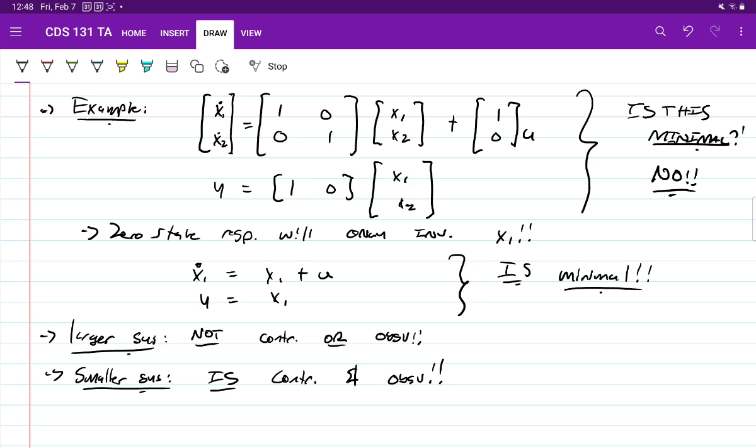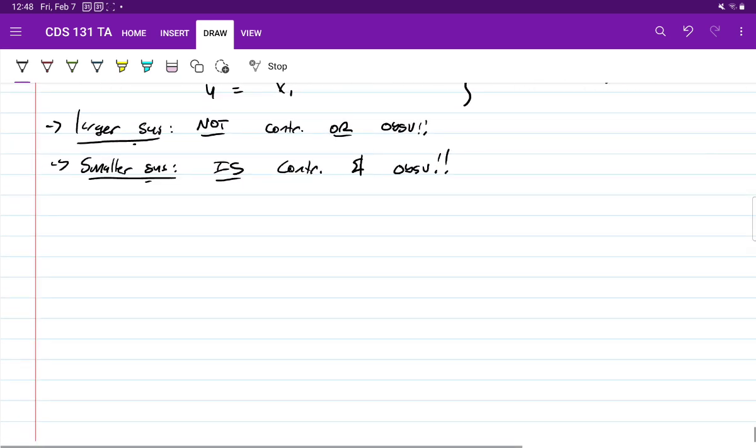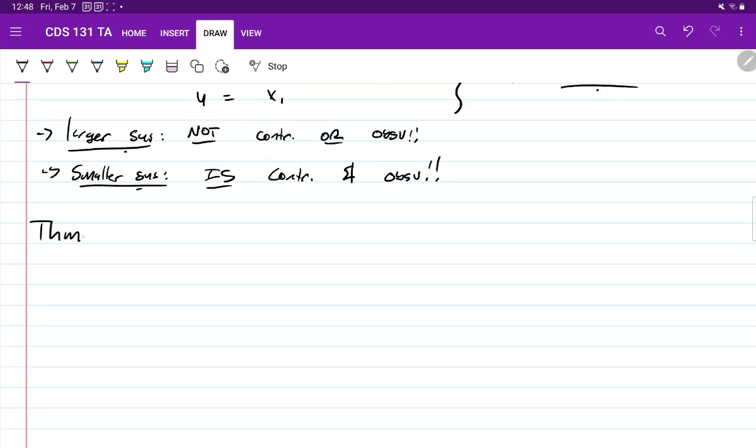All right? So let me go ahead and state a theorem which summarizes these ideas, and then we'll lead things off for the day. All right, so this is the theorem on controllability, observability, and minimality.